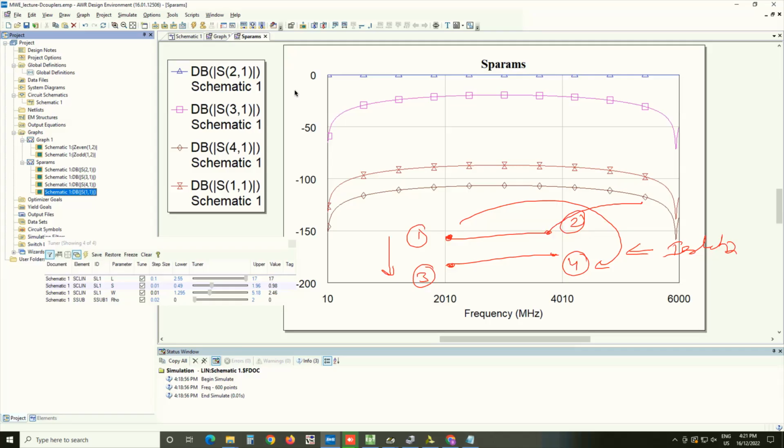Wait a second, no, that's the opposite convention. Give me a minute to think about it, because we do it slightly differently than how it is done.